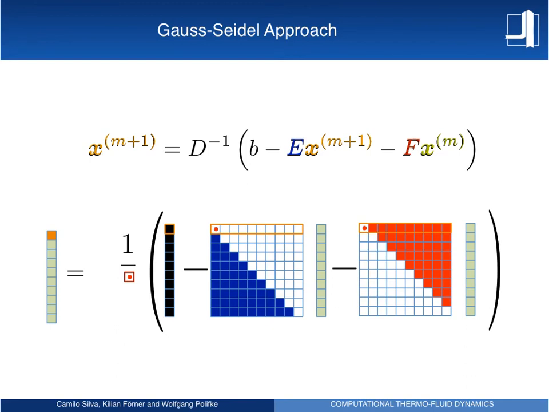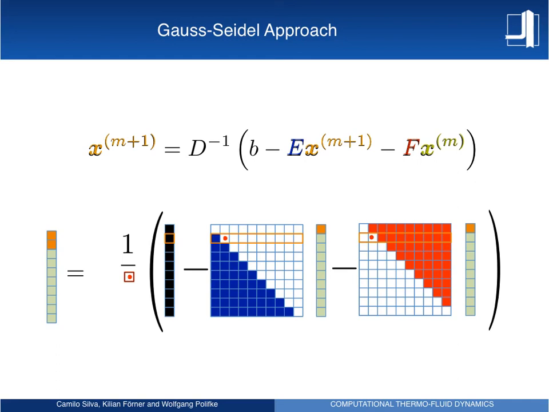So it doesn't matter that we don't have x_m plus 1, because this dot product is going to be 0 and it will not contribute to the sum at the first row. And here everything in x_m is multiplied by this row of F, which is non-zero, so it contributes, and that sum gives me the first element of x_m plus 1.